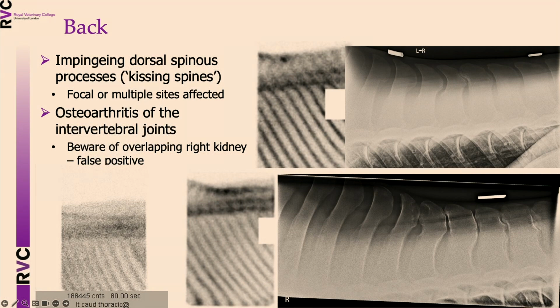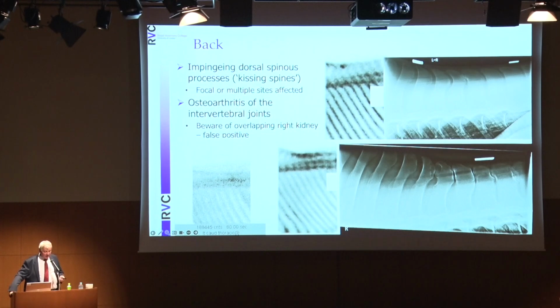The back is another area where bone scan can show up uptake with impinging dorsal spinous processes. And also the intervertebral facet joints. But again, we need to use other techniques to determine the significance.